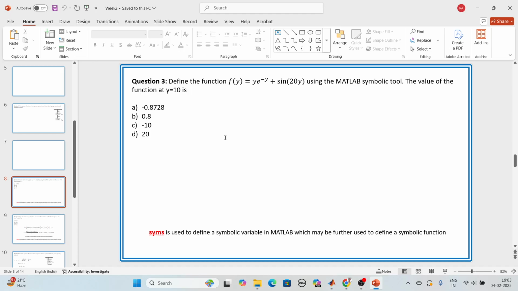So first we'll define. For that, what we need to learn is the syms function that is used in MATLAB. By the syms function, we actually define a symbolic variable. See, in MATLAB, it's basically a matrix or an array in which we define a variable, right? MATLAB always takes the input as an array or a matrix.